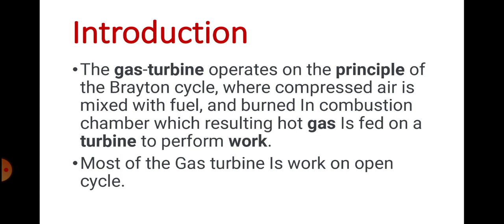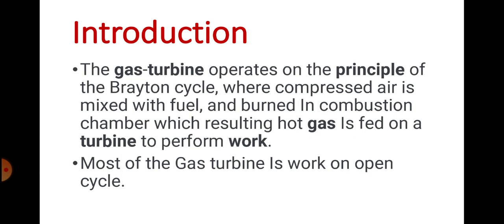But in a closed cycle gas turbine, the same gas which expanded in the turbine is again passed to the compressor, and again to the combustion chamber and then the turbine. This means that in a closed cycle gas turbine, the gas is continuously circulated through the system.